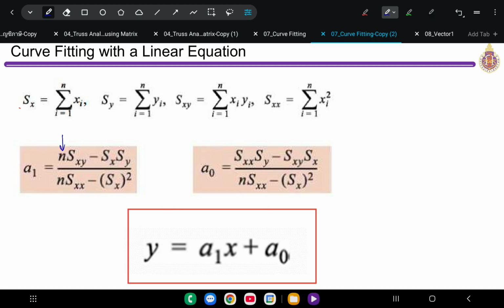Now we have 11 points, but it's not necessary to use all of them. You can use 4, 5, 6, or 7 points, depending on how accurate you want to be.